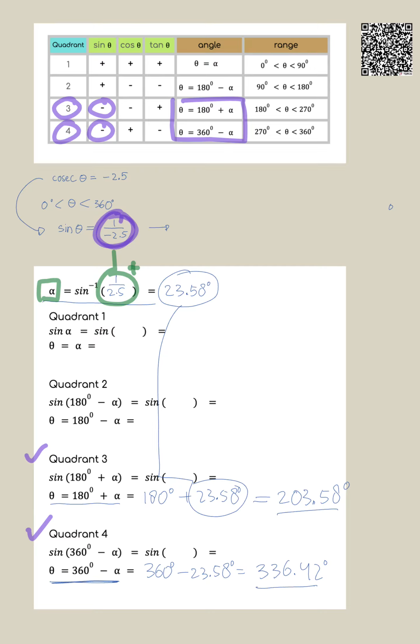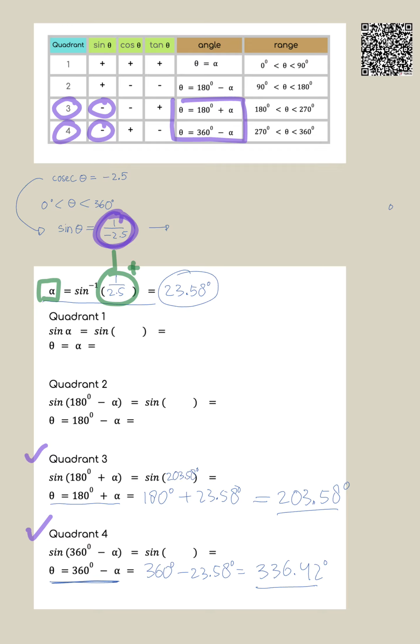If you present this answer in your test paper, you're supposed to get full marks for that, right? Is there anything else we can do? Yes, we can check this answer. We put in sine 203.58 for quadrant 3.